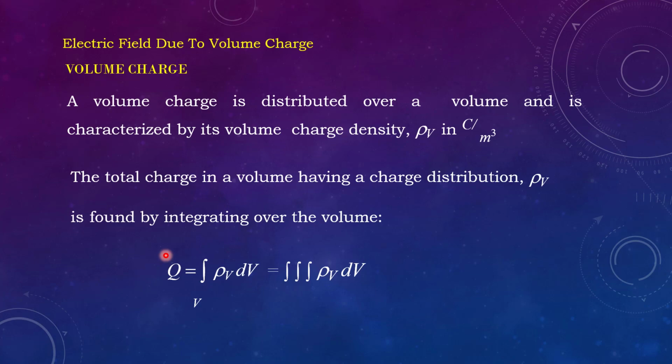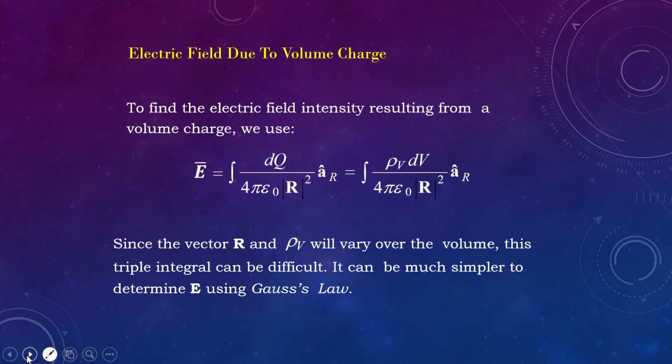And we know that if such a volume charge density is given, then to calculate the charge Q, charge Q is equal to the volume integration, or integration over V, of rho V into dV, where dV is the volume element, or it is the triple integration of rho V into dV. Okay, so if you want to find the intensity because of such rho V dV, just like rho S dS, then we have to use this kind of formula.